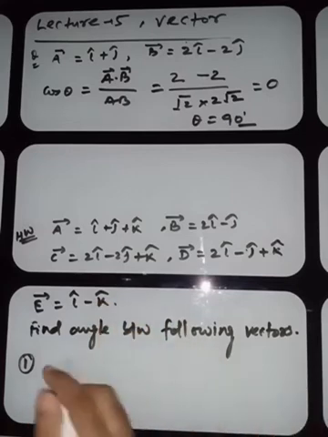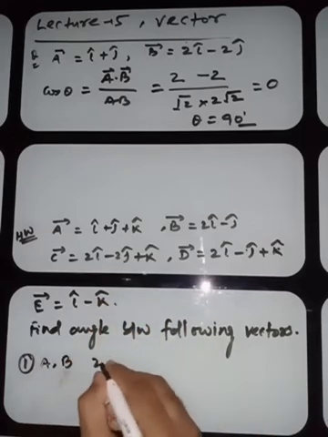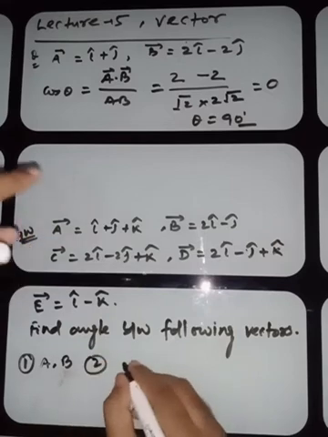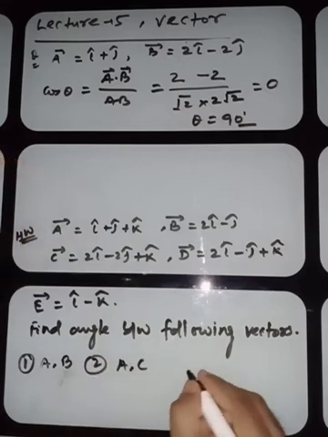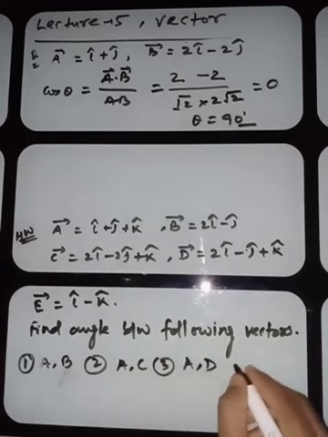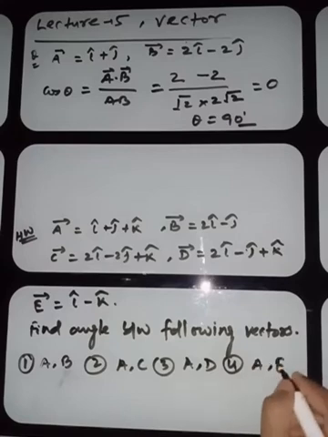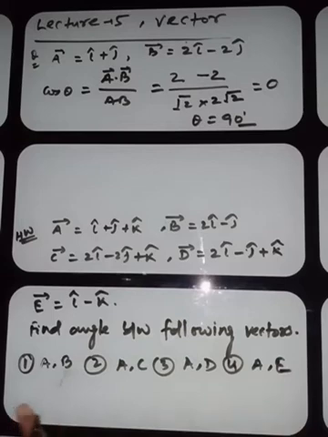Find the angle between the following vectors. The first is A and B. Second, A and C. Third, A and D. Fourth, A and E. In the same way, you have to make all the possible combinations and find the angle.